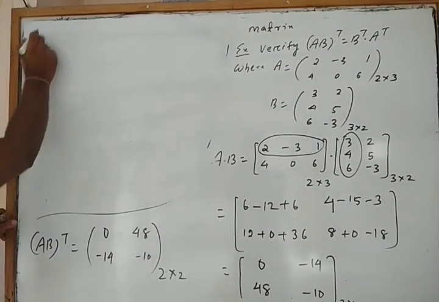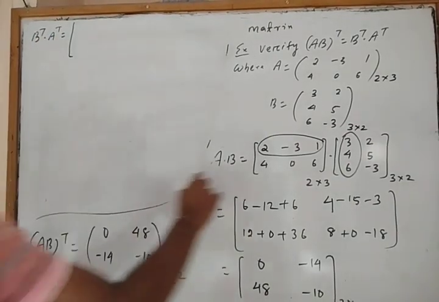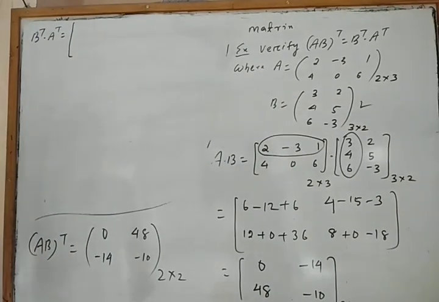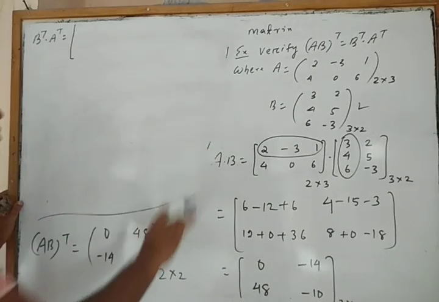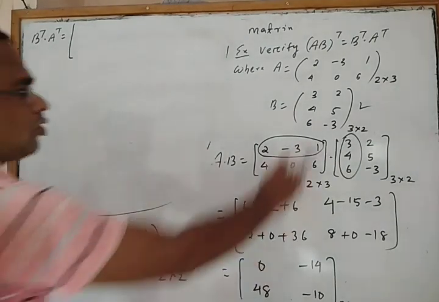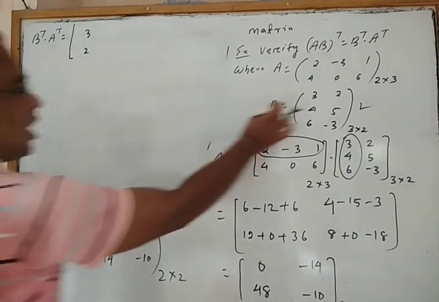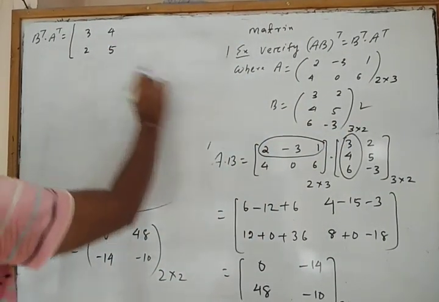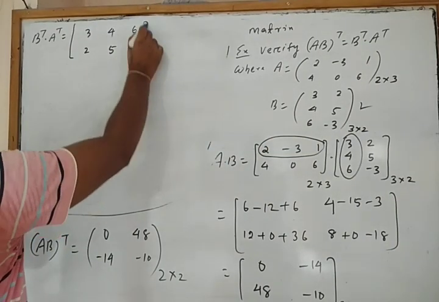So B transpose: what is B? B is this one. The order of B is 3 cross 2 and the transpose of B will be 2 cross 3. So write the first row as the first column: 3, 2; the second row as the second column: 4, 5; and the third row as the third column: 6, minus 3.